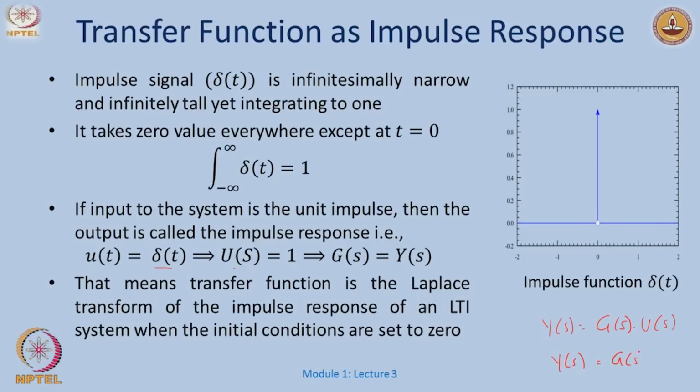So, I am just left with G(s). Let us keep it here for the moment. So, what is an impulse? By definition, it is an infinitesimally narrow and infinitely tall signal.